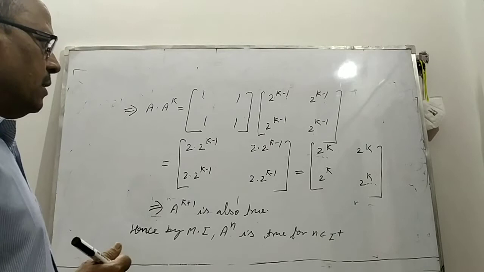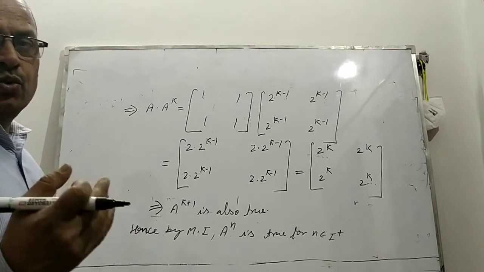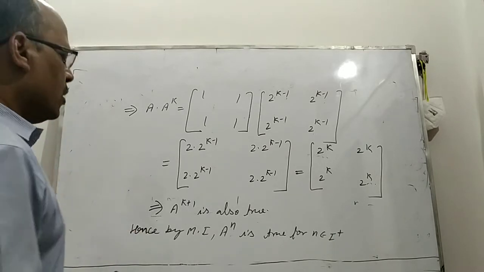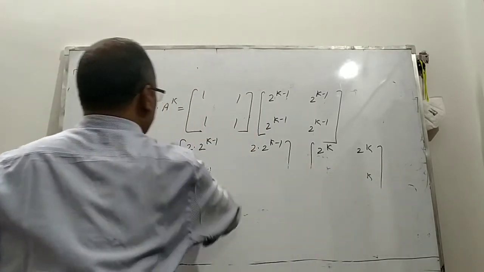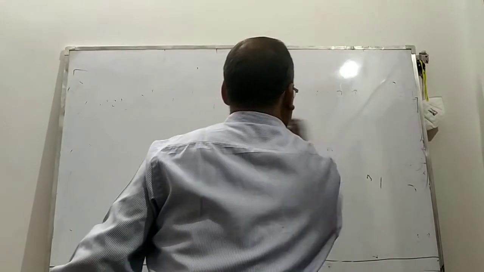Is it clear? So in this way you can solve the question. N belongs to positive integer 1, 2, 3, 4. Clear? So you can solve this type of question by help of mathematical induction.